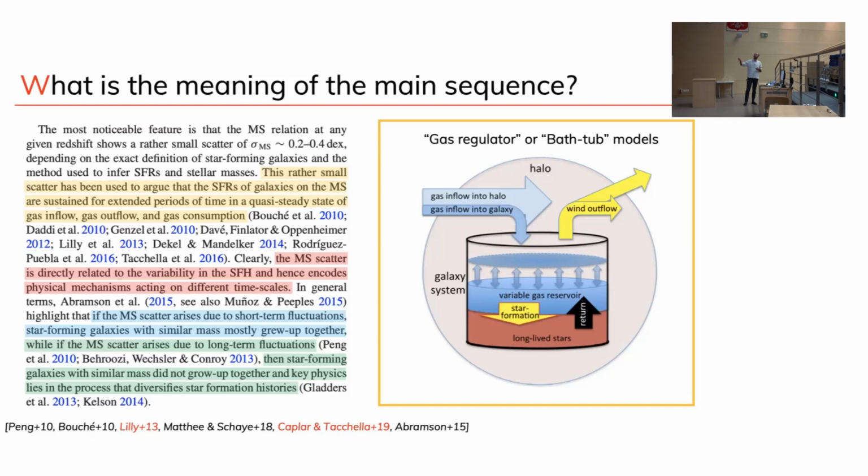And basically, you need this from your dark matter simulations or dark matter analytical prescriptions that say that, again, you have more gas that flows in depending on how much dark matter accretion you have. But this can be in some sort of equilibrium, and it has been remarkably successful in predicting the existence of a main sequence, in predicting the metallicity of galaxies, what is called the mass metallicity relation.